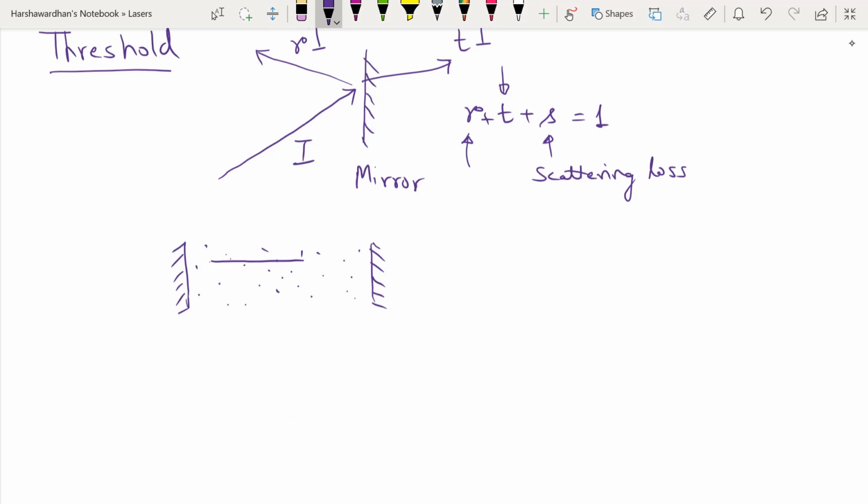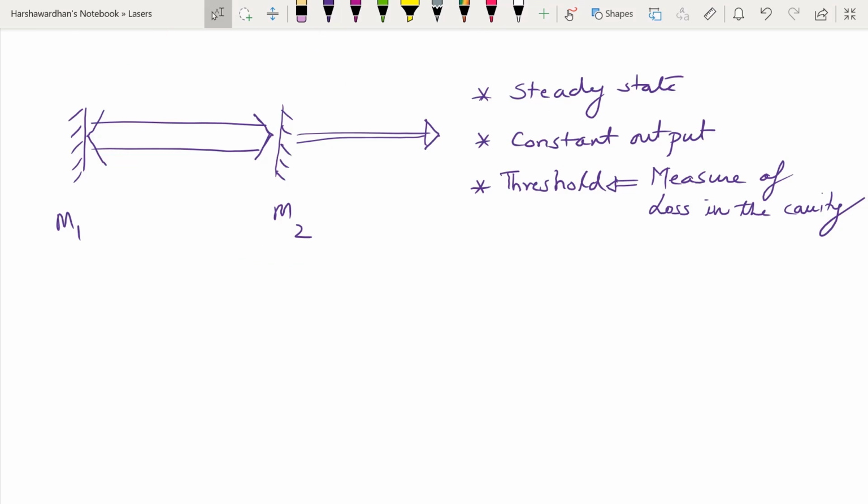So in this situation, what we consider is a laser cavity where there is a laser oscillation going on, and because of the partial reflectivity at one of the mirrors, there is a finite output that is transmitted. We are looking for a steady state operation of this laser. What that equivalently means is that we are demanding a constant output, the output that doesn't change in time. That would mean that the intensity output is a constant in time. This is typically what we call a CW laser, or a continuous wave laser.